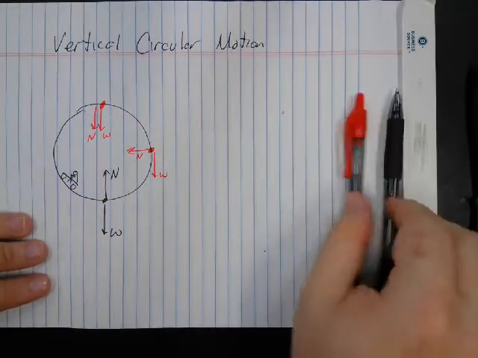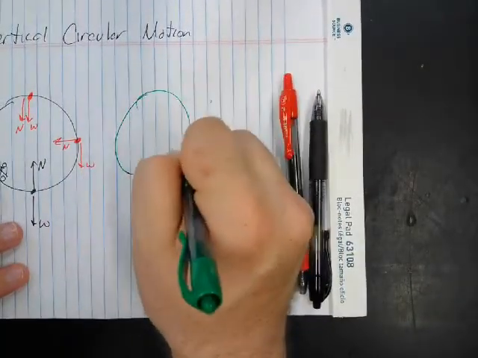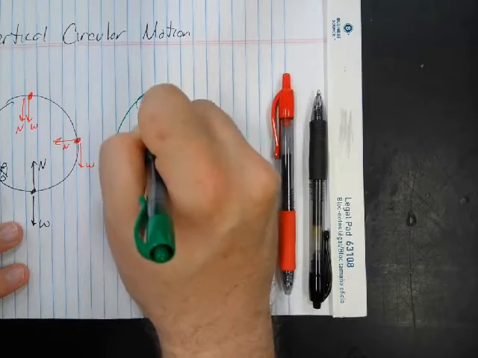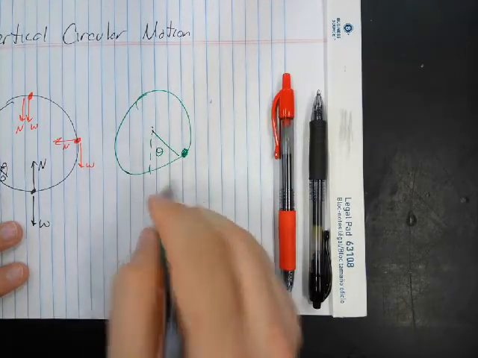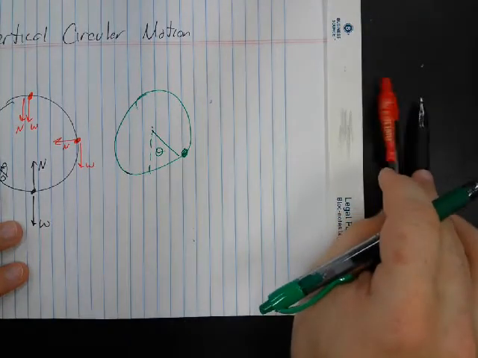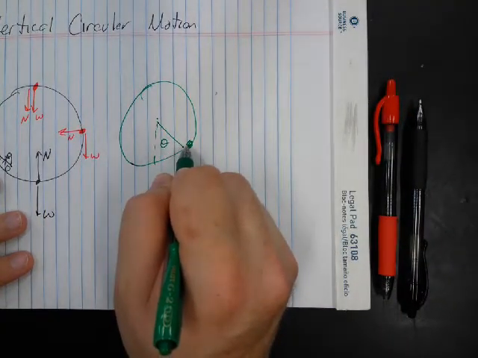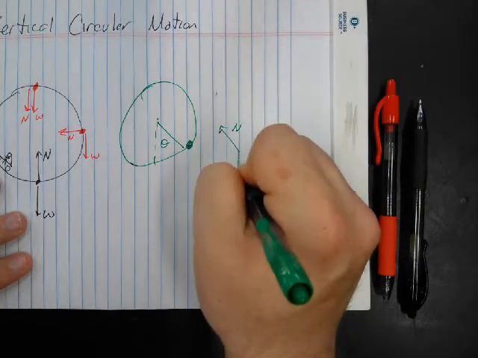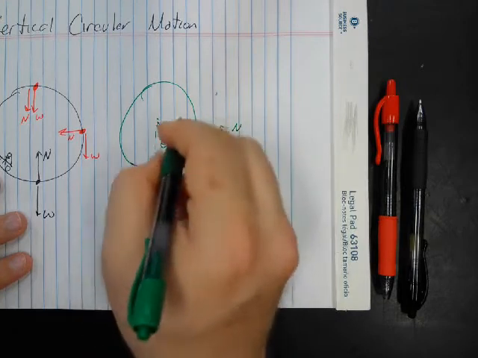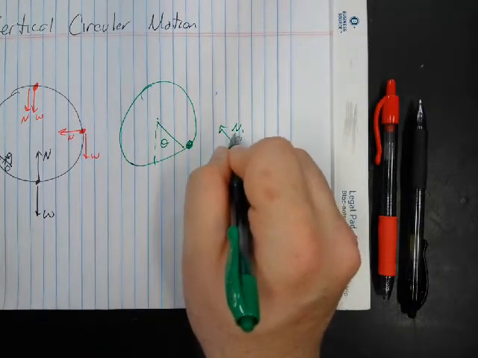So what we can do is look at an arbitrary point, say over here somewhere, that makes an angle theta. And what we're going to have is this normal force and the weight force is going to be like that, and there's going to be an angle theta here.